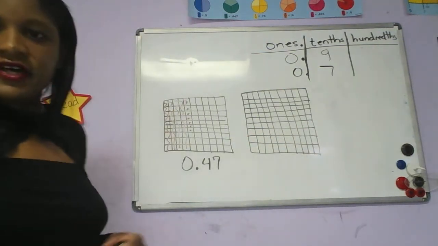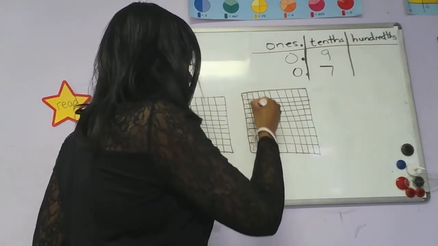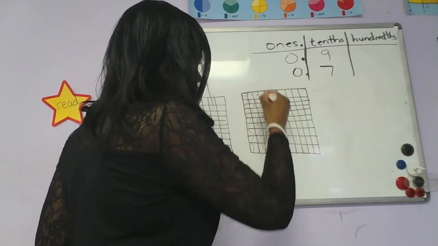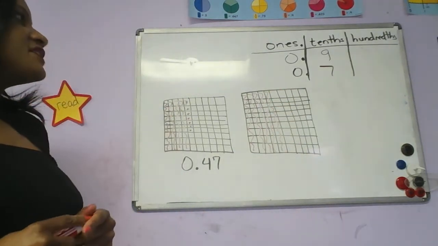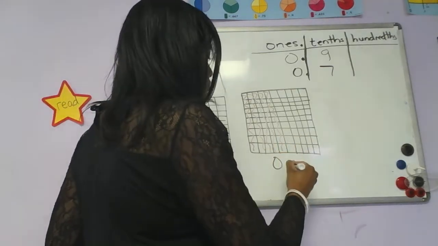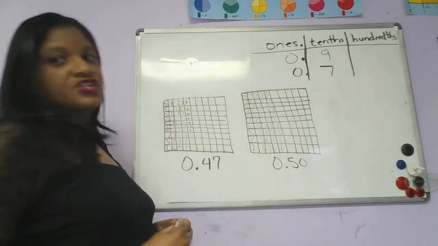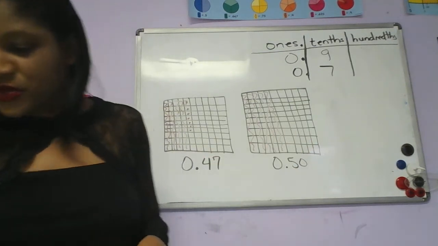So if we have 50 hundredths that we need to shade in here, as you can see, 50 hundredths is greater. There are just three more little squares shaded in 50 hundredths than in the 47 hundredths.